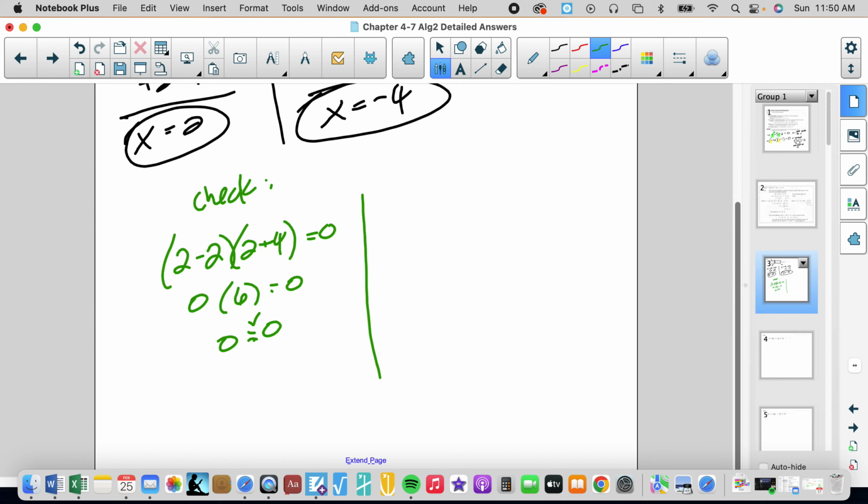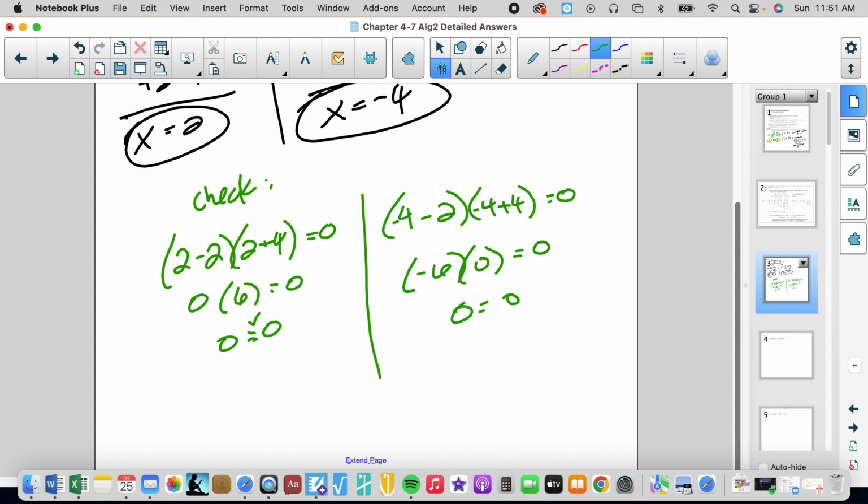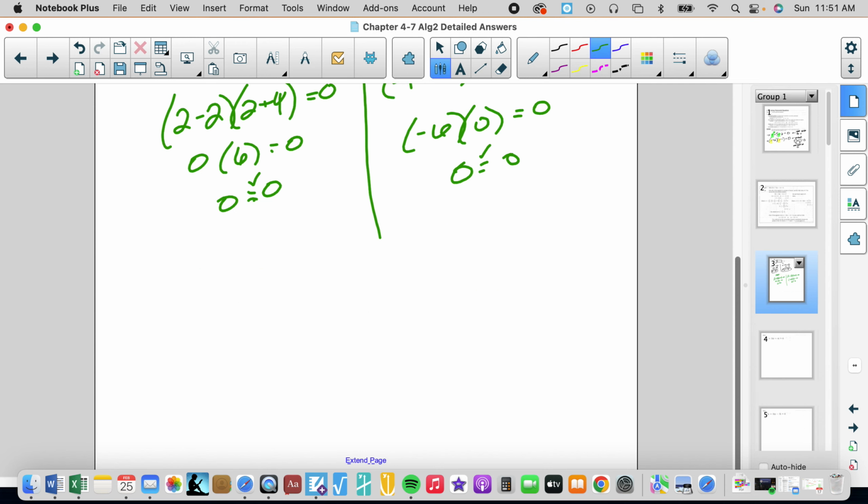Let's check the other value, -4. -4 minus 2 gives us -6, and -4 plus 4 gives us 0. -6 times 0 is 0. That's a solution. Those are the only two solutions. Let's check with some other value, let's say 3.